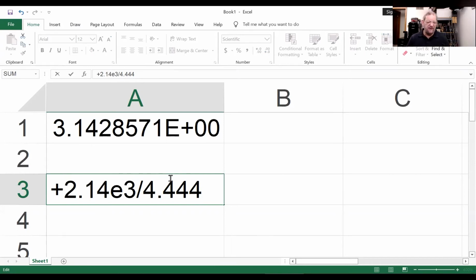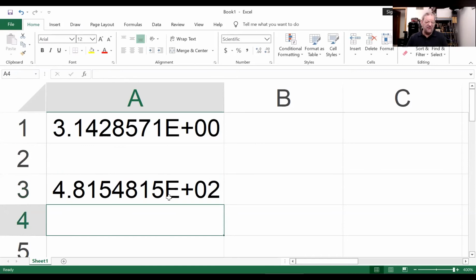Before I hit enter, how many significant figures in the first one? 3. How many in the second one? 4. Because it's a division, my answer should have the same number of significant figures as the number with the lowest. So therefore, it's 3.